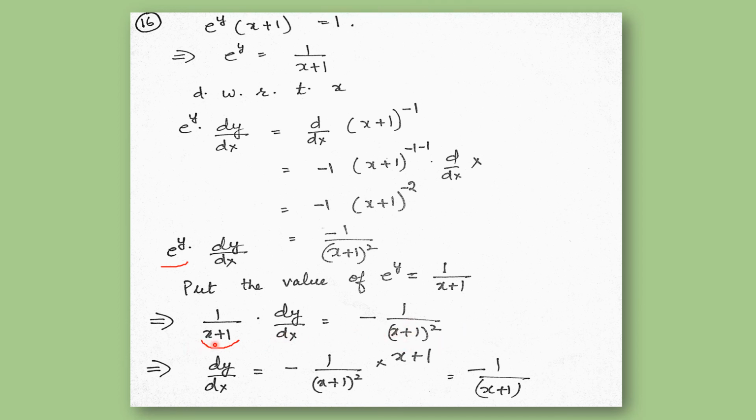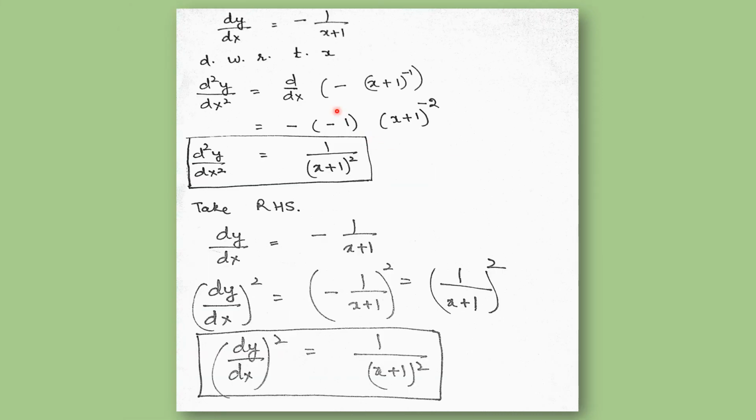Now see, this is here in the denominator. Please take it towards the right hand side of the equation. You will get dy by dx is equal to minus 1 upon x plus 1 whole square into x plus 1. So you can cancel out this x plus 1 with the square of this denominator. You will get minus 1 upon x plus 1. So this is dy by dx, which is equal to minus 1 upon x plus 1.